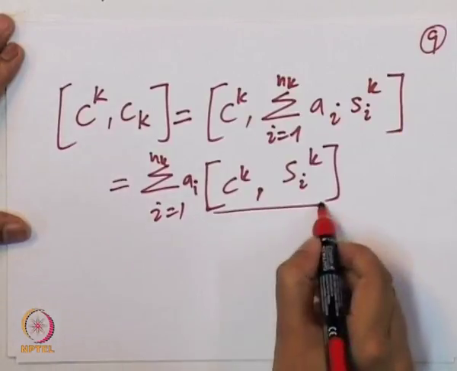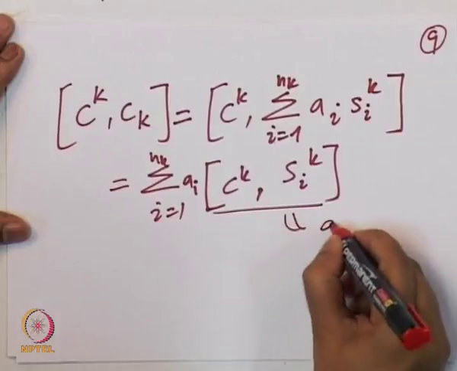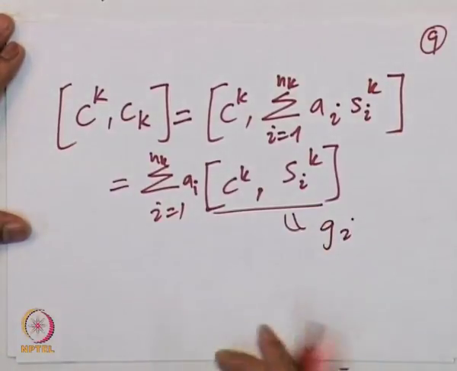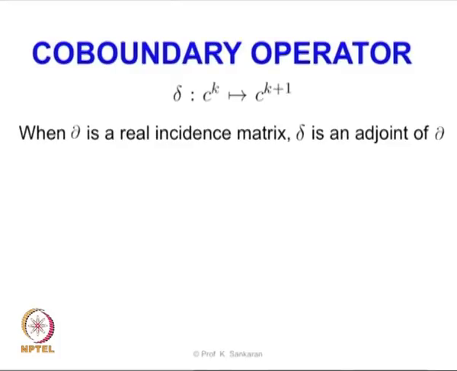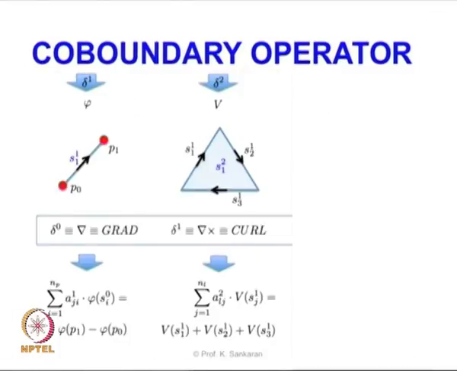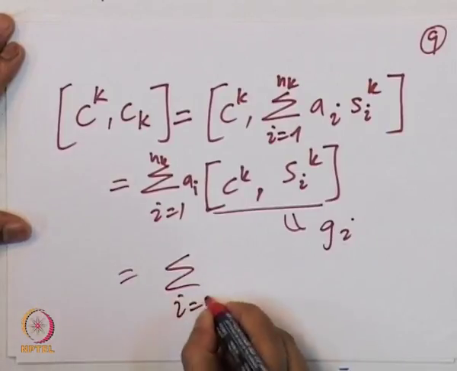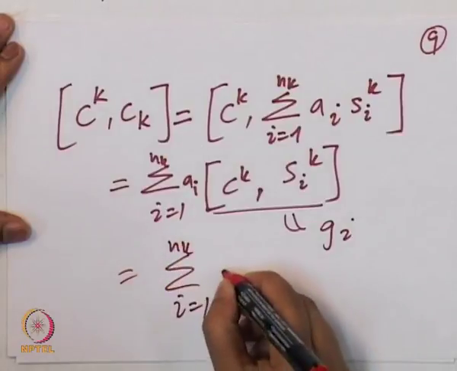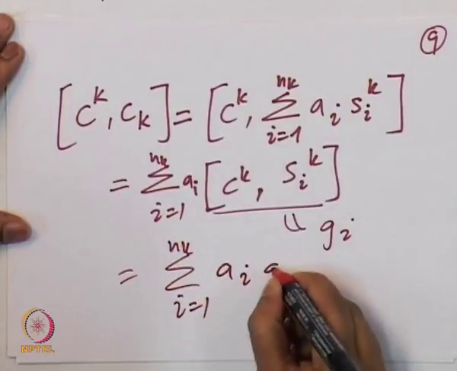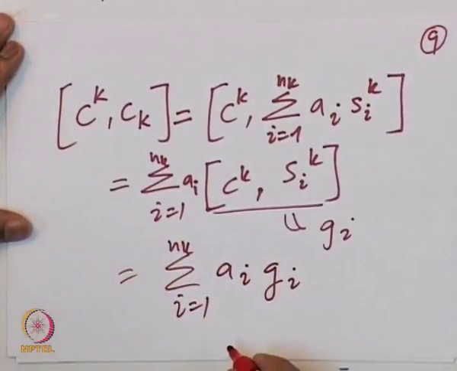So C of s_i is equal to g_i. Once you do that, we see that the value will be written as sigma i equal to 1 to n_k of a_i g_i, and that is what we have in this slide.